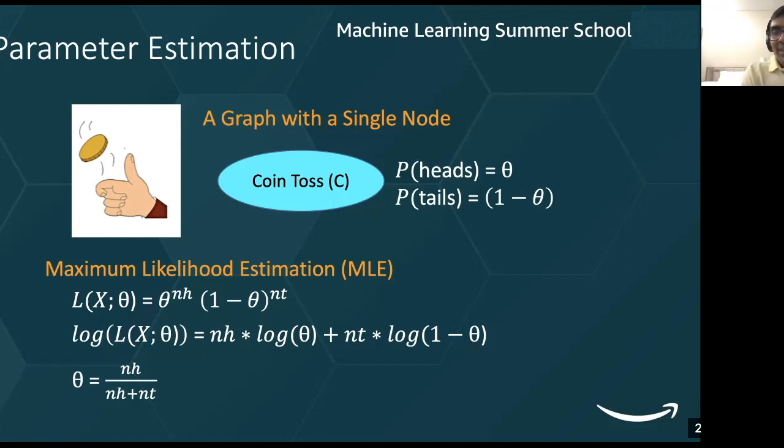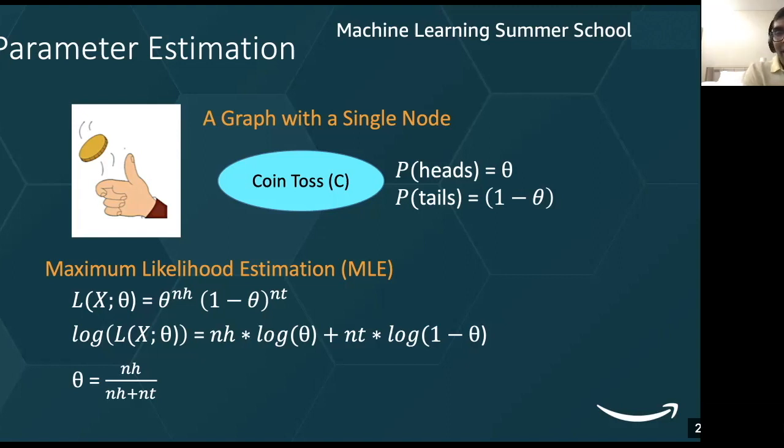Let this particular node be a coin toss, where the probability of heads is represented by theta, and the probability of tails is 1 minus theta, right? Now, how would you estimate this particular theta? Theta is the parameter of interest that we are yet unaware of, and would like to estimate.